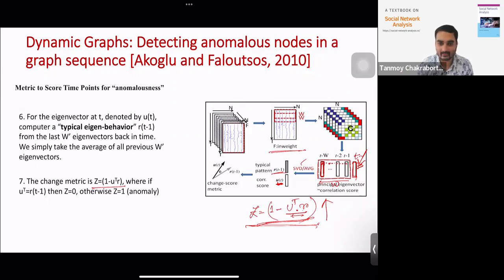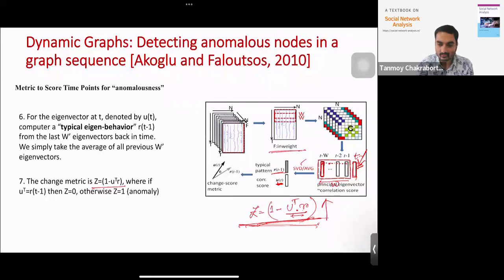Of course, we need a threshold here, because this will give you an idea of the dissimilarity. You need to fix a threshold. If the dissimilarity is above a certain threshold, you can think of it as an anomaly. So this method has identified the timestamps where you see the change.